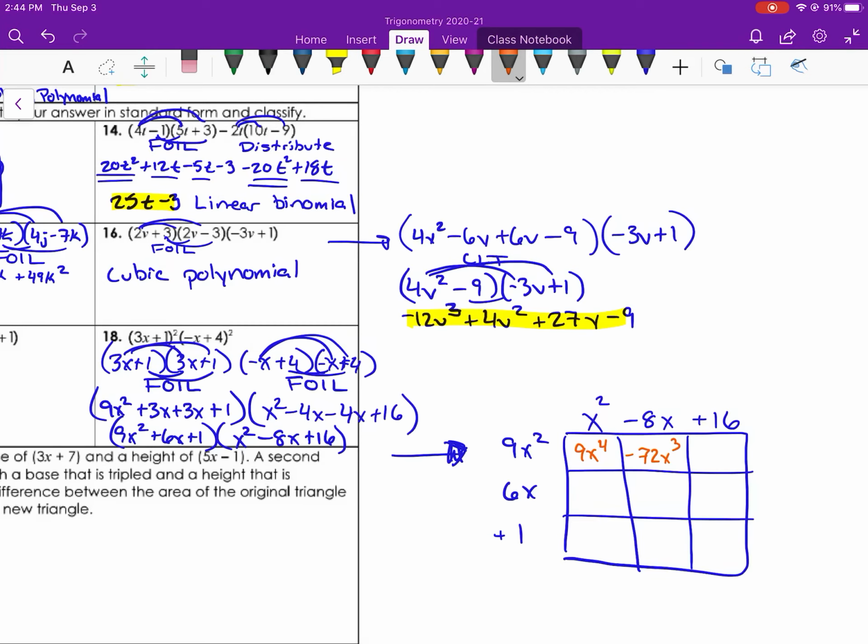I get 144x squared. 6x cubed, minus 48x squared, 96x, x squared, negative 8x, and 16.